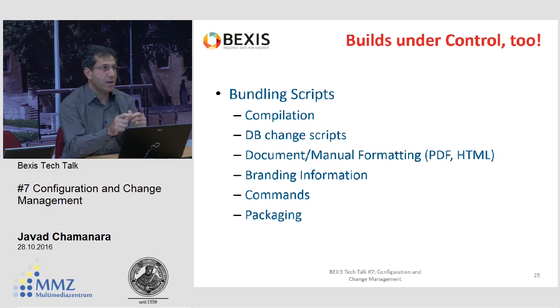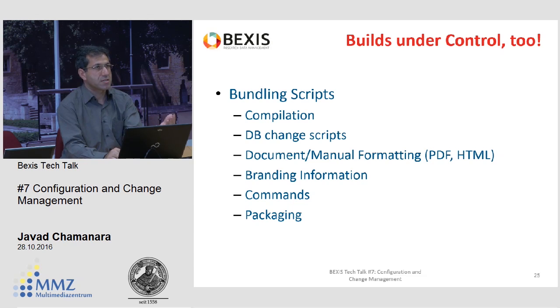So the compilation, DB change scripts, any document conversion like from Word to PDF or from Word to HTML, any branding information, any commands that we have used for that release, and also the packaging are part of the build, and we keep all these things under source control too.